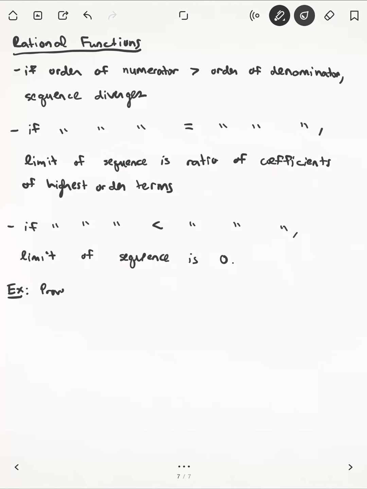Prove the sequence xn equals 3n squared over n squared plus 1 converges. And again, before we go into the proof, we're going to do some scratch work.